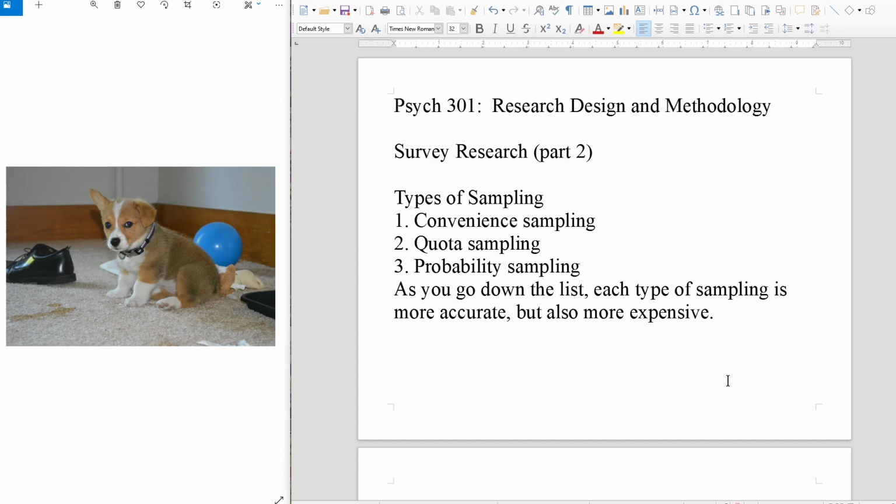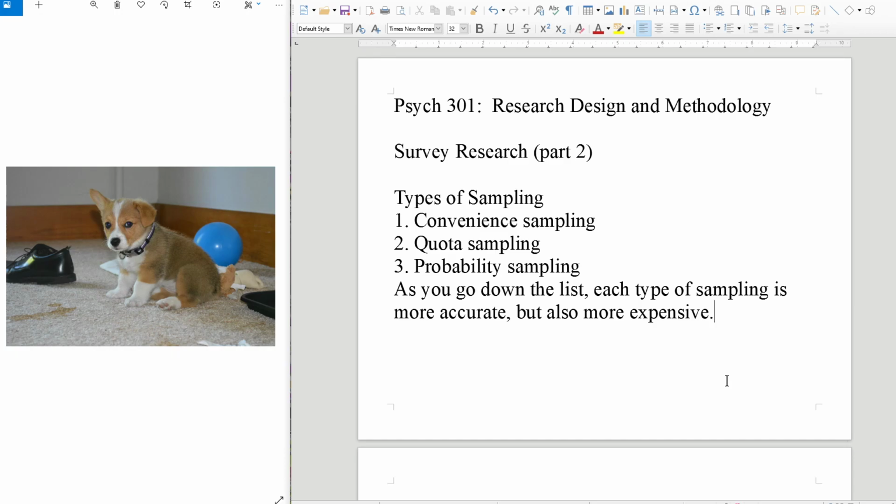And here's the point I wanted to make. We did talk about problems caused by convenience and quota sampling in previous surveys, that's for sure. But even if you do probability sampling, your sample is never going to be 100% representative of the population for reasons we're going to discuss probably in the next lecture.